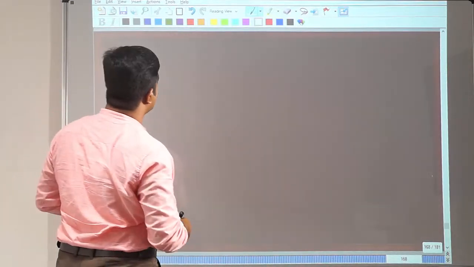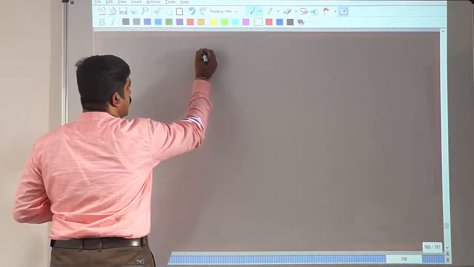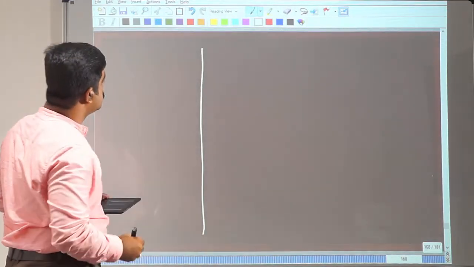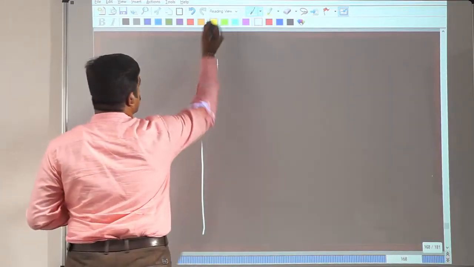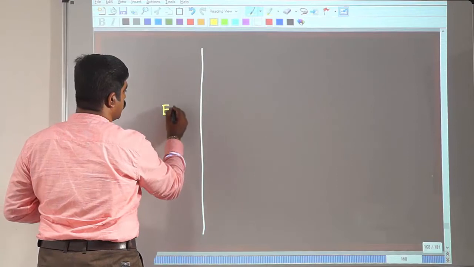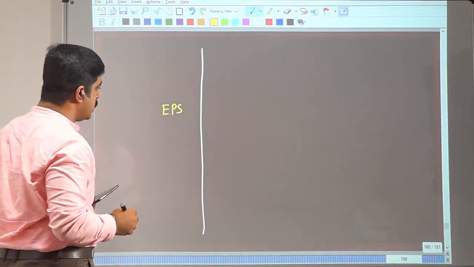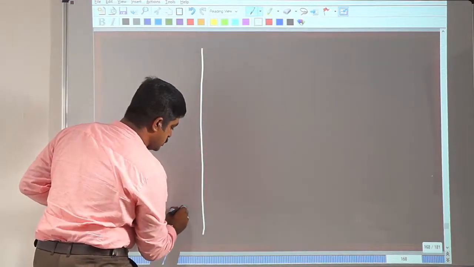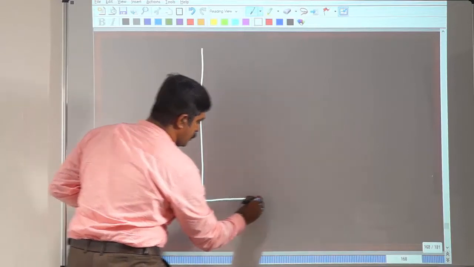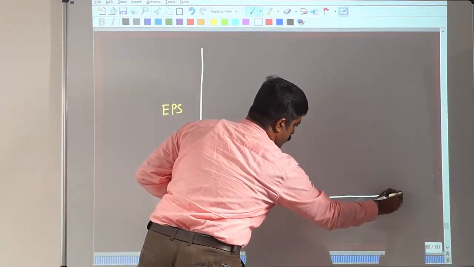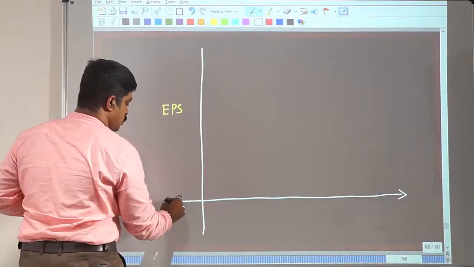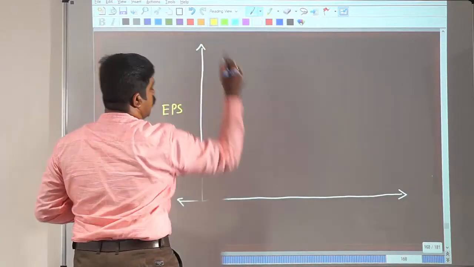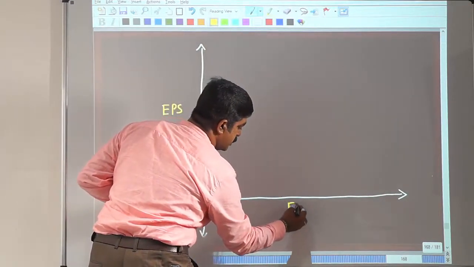Okay. So let me draw a vertical line. And I'm going to use this line for plotting earnings per share. Then I'll draw a horizontal line, and I'll use this horizontal line for plotting my EBIT.